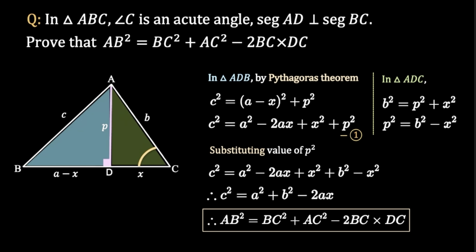It says that in an acute angle triangle, the square of the side opposite to the acute angle, which is basically AB here, is equal to the sum of the squares of the other two sides, that's BC square plus AC square, minus twice the product of the base on which the altitude falls, which is BC in this case, and the small part formed on the base by the altitude, which is DC. This is one very important result.